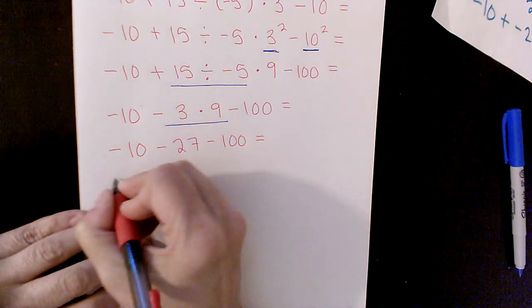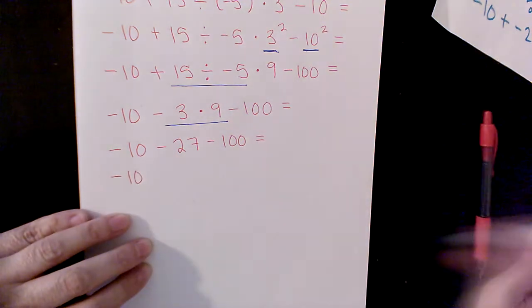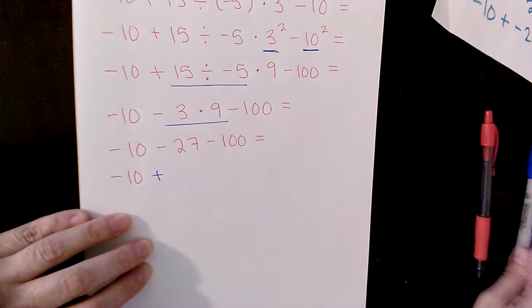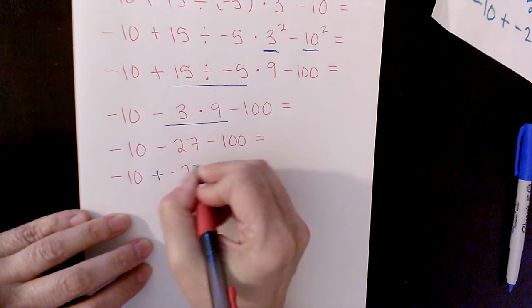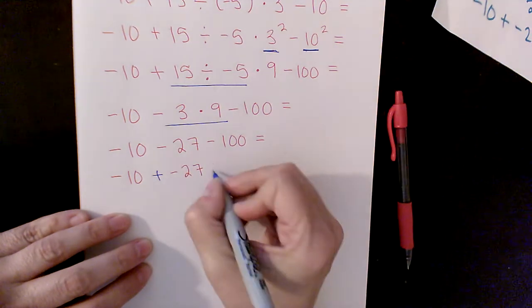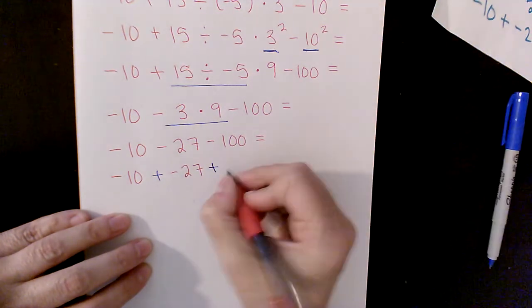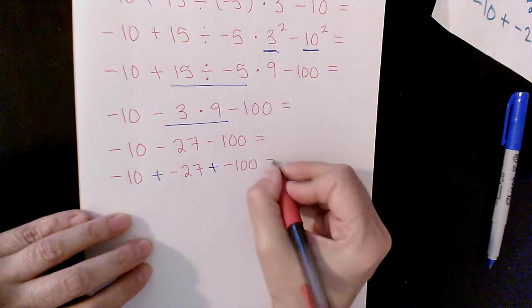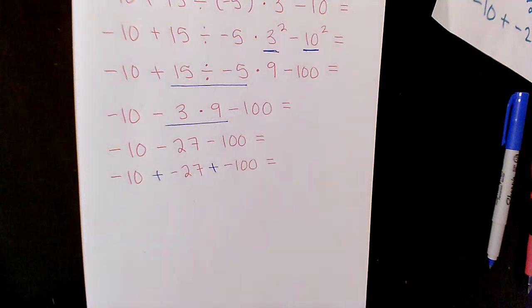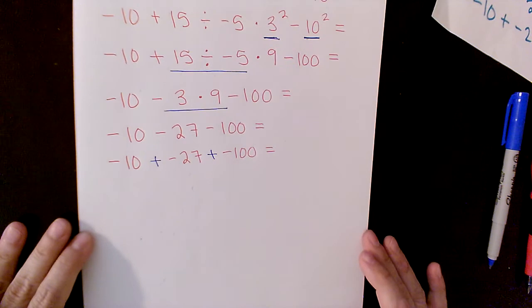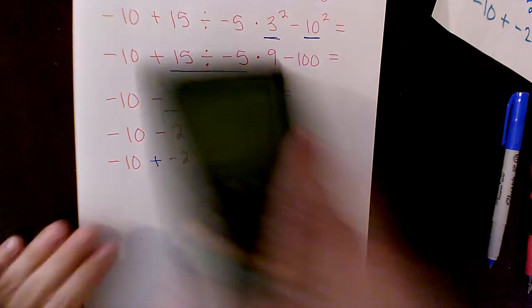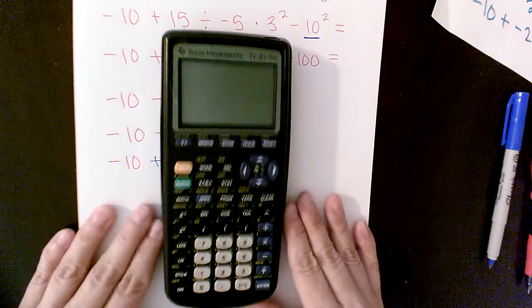If it's easier to do this, or if not, look away. Some people prefer this. Since they're all negatives, we're just going to put them all in one pot, add them all together. Negative 10, bring out the calculator for that.